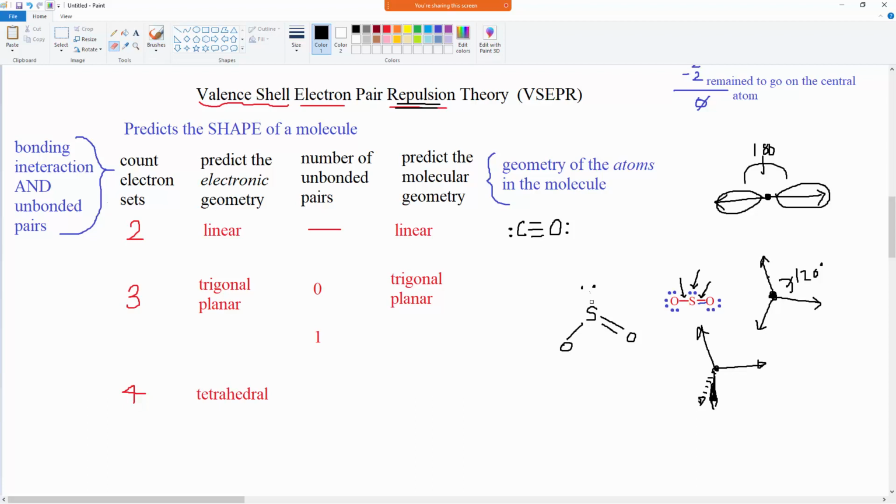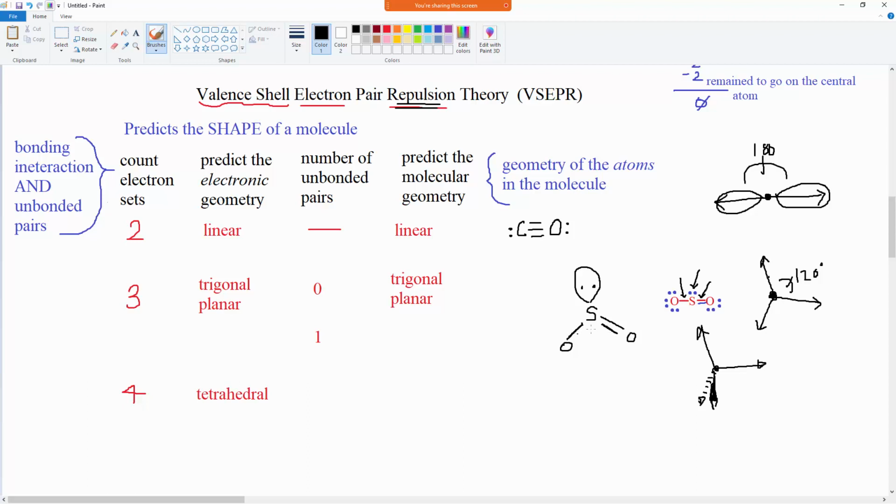It's just saying that this is the direction that these electrons are and that they take up space. I'm going to put a little cloud here, like they're in a cloud. They take up space and repel these other bonds away from them.